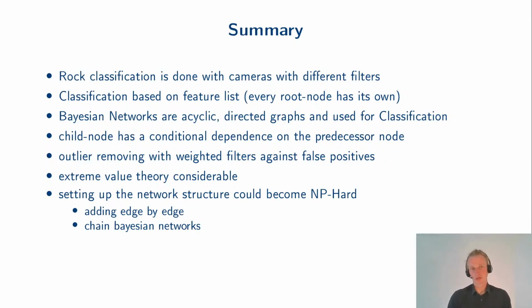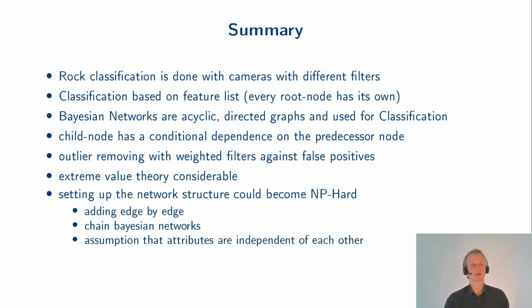Also, one could chain Bayesian networks, and finally, in the rock classification context, one could also assume that the attributes are independent of each other.